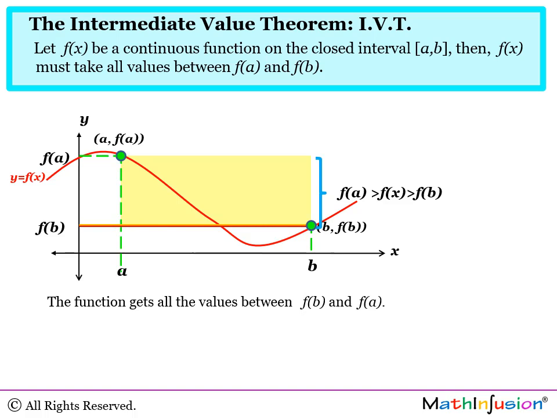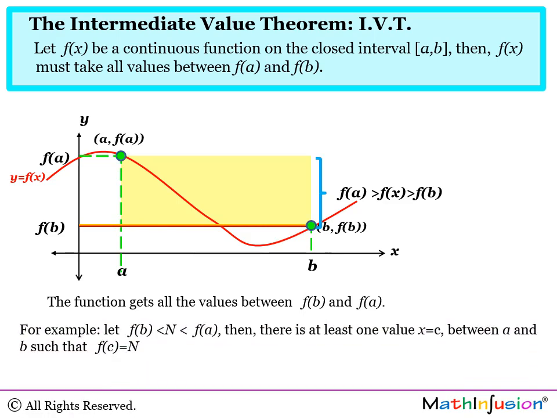Yep, this is true. Of course it is true, because if you look at the graph of the function, this is a continuous function on the interval [a, b], and there is a theorem that says so. For example, when we take n to be between f(a) and f(b), then there is at least one value x equals c between a and b, such that f(c) equals n.